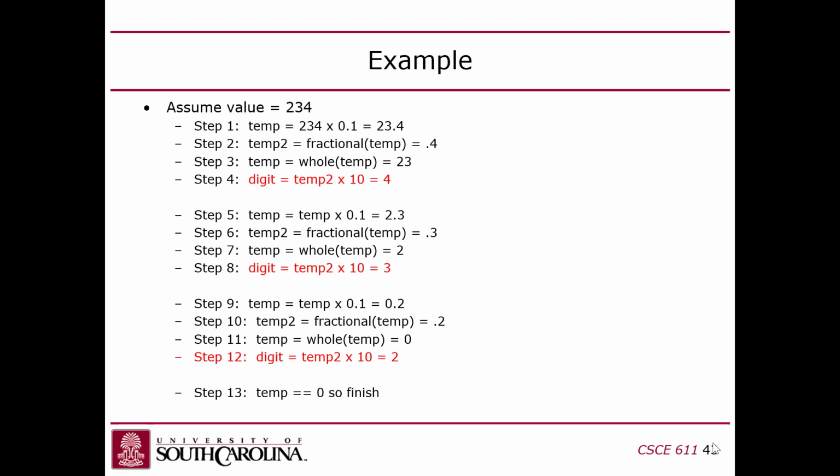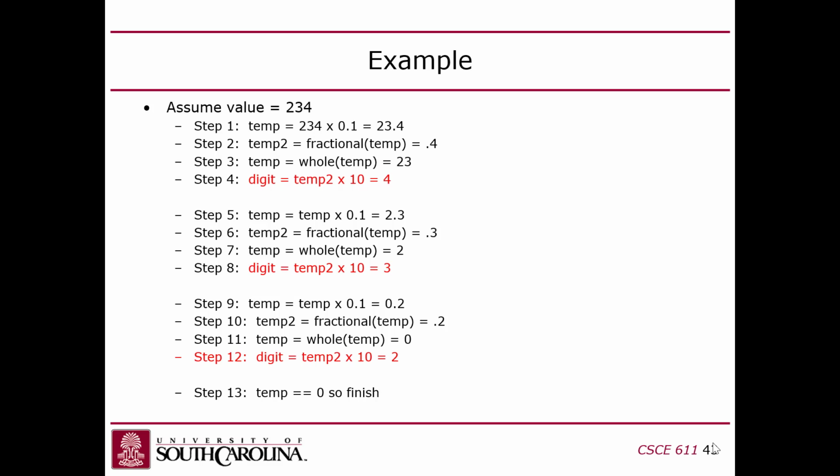So the algorithm is: you take the number, and instead of dividing by 10, you multiply by 0.1. Then you take the fractional part. Multiplying by 0.1 divides the number by 10, but if you access the fractional part and multiply that by 10, you can recover the modulo.